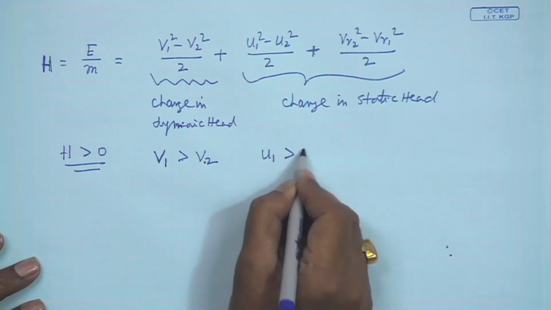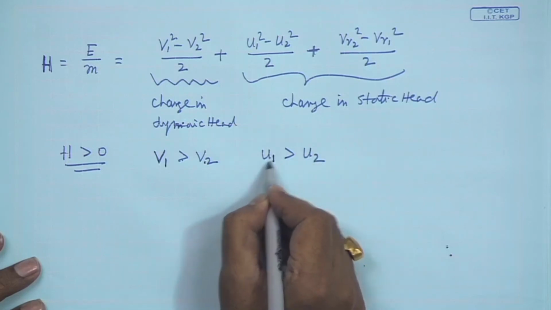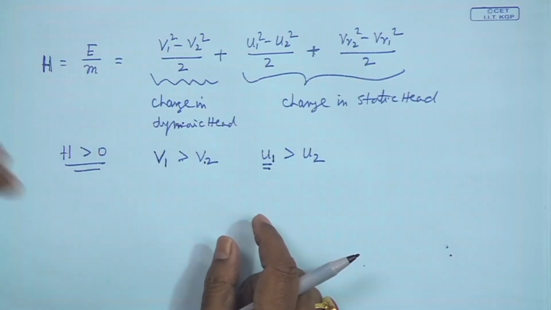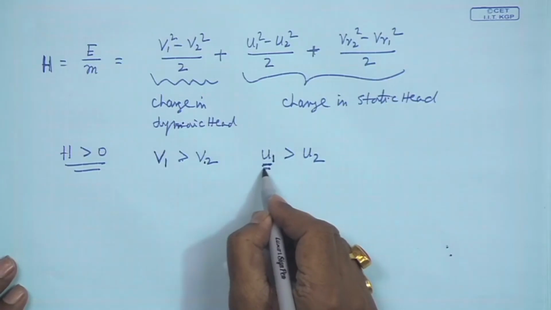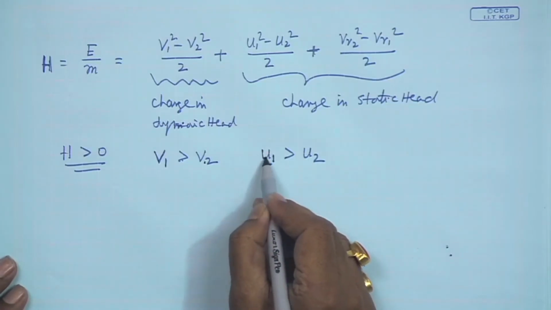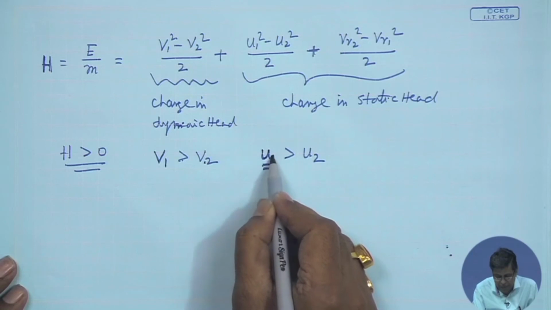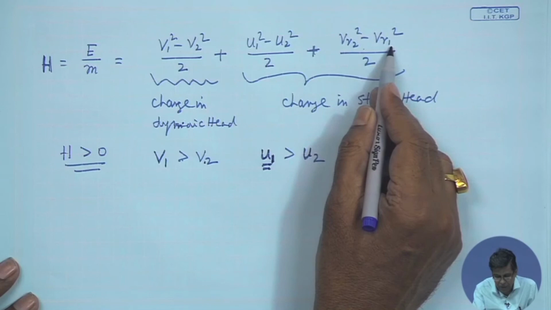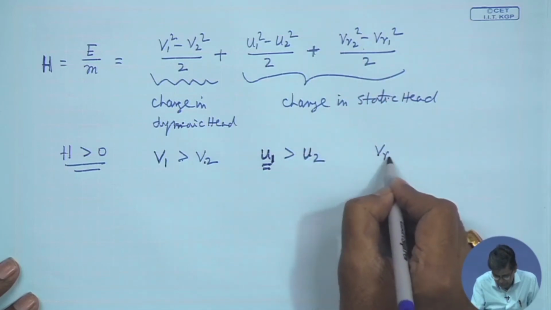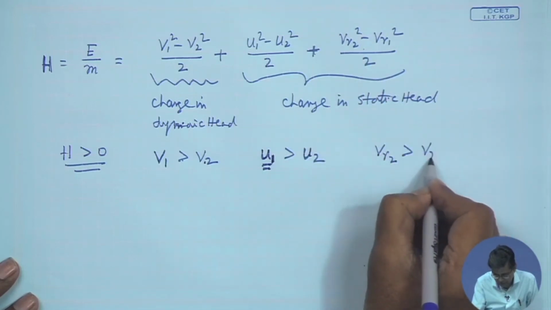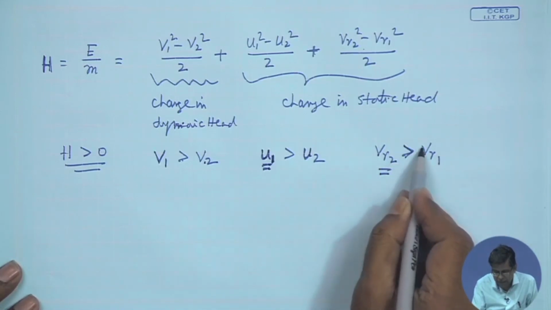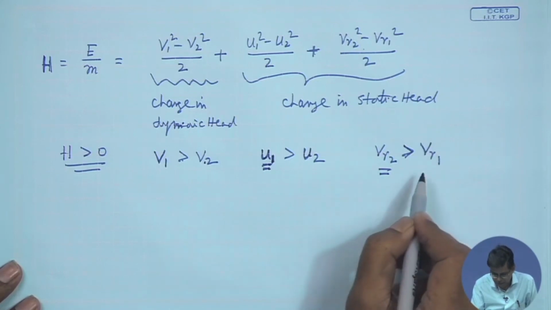U1 has to be greater than U2, that means in a radial flow machine, where the flow takes place in bulk in the radial direction, the inlet to the blade is at a higher radial location than the outlet. And VR2 minus VR1 has to be positive, that means VR2 has to be greater than VR1. That means the outlet relative velocity has to be greater than the inlet relative velocity.